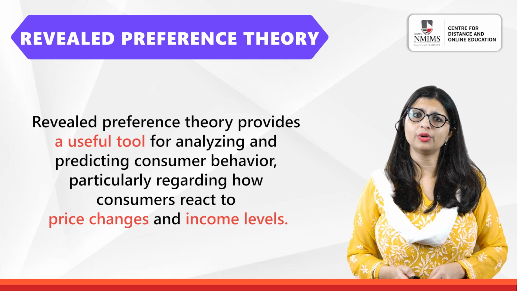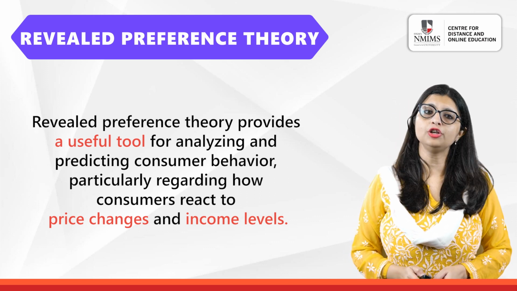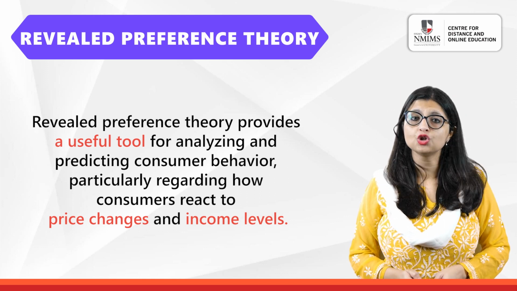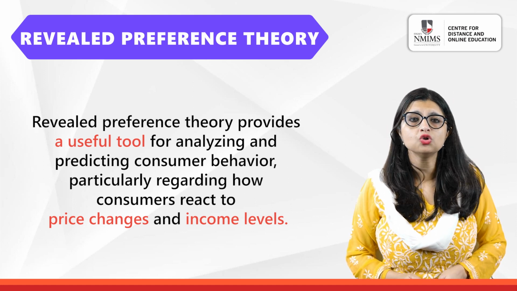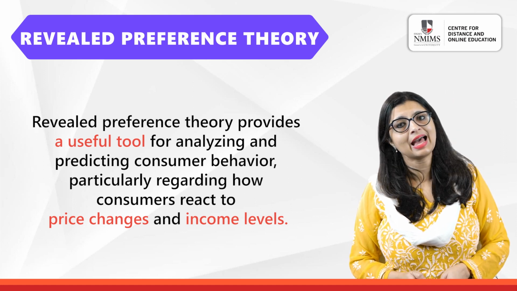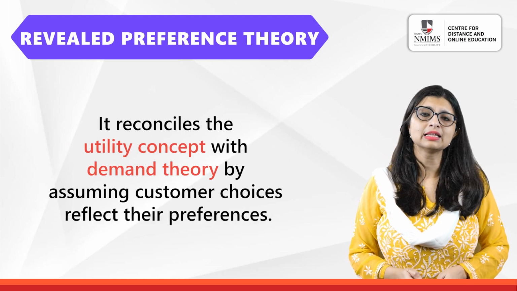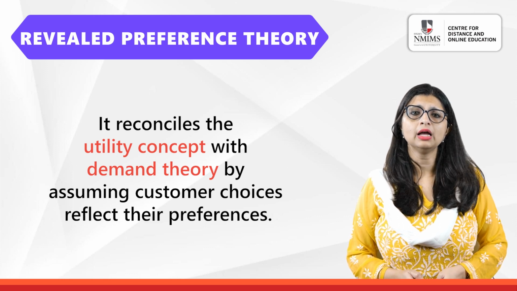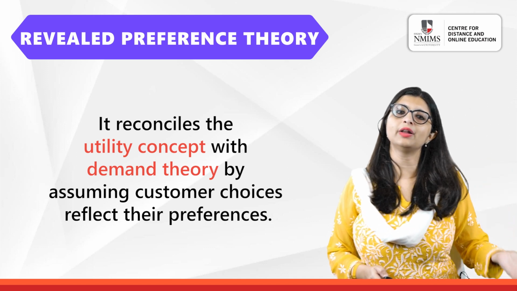In other words, it is a theory that provides a useful tool for analyzing and predicting consumer behavior, particularly regarding how consumers react to price changes and income levels. It basically reconciles the utility concept with demand theory by assuming that customer choices reflect their preferences.